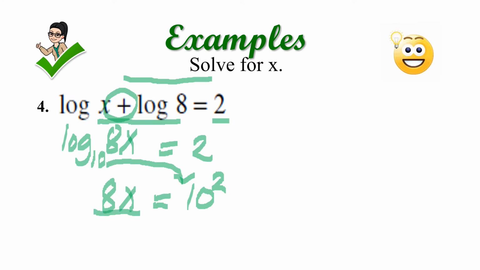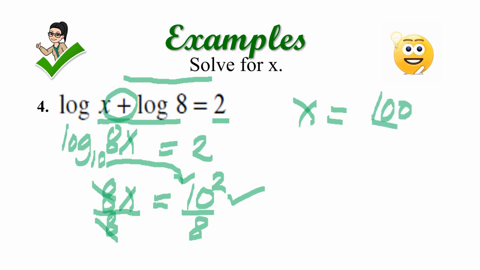Therefore, we can now solve. Divide by 8, divide by 8. So cancel 8. Then x is equal to 10 squared, which is 100. Simply copy 8. So x now is equal to 100 over 8. Then let's reduce to lowest terms. Divide by 4.